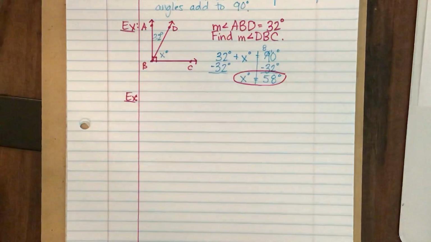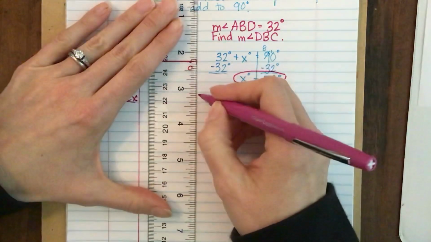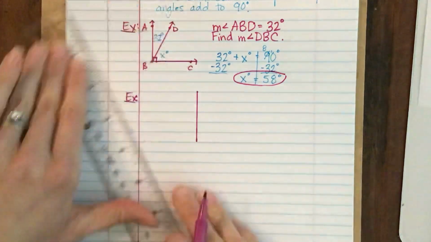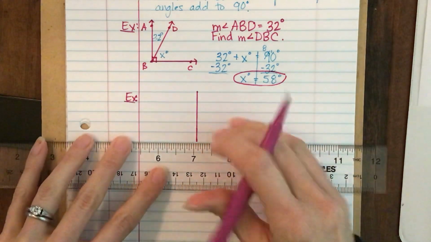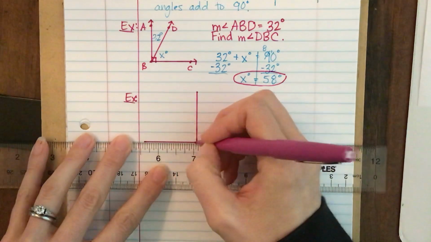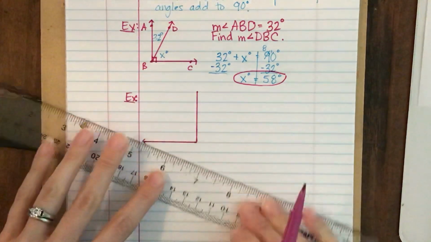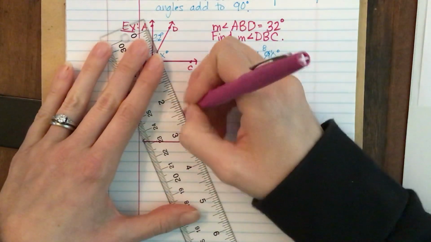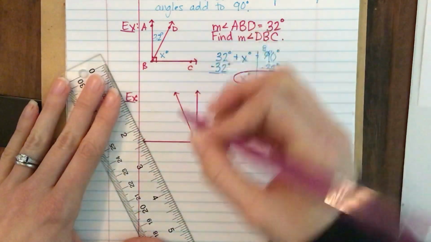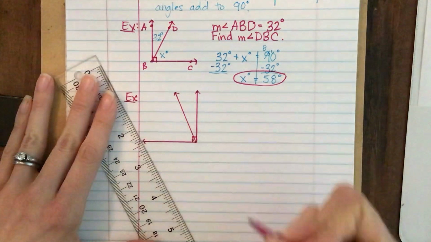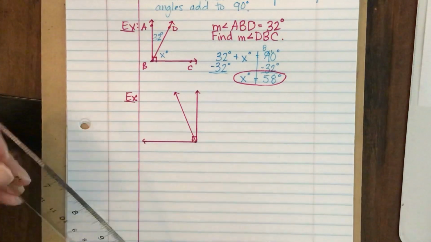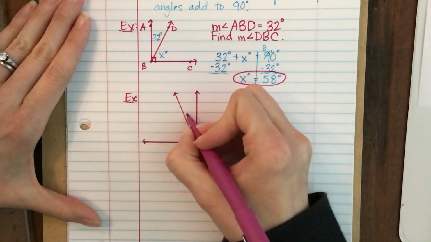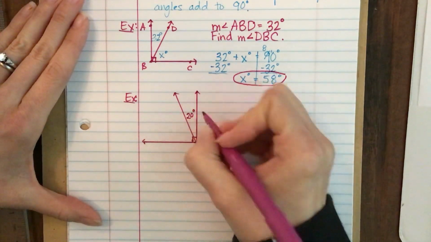I'm going to draw a picture of what we're looking at first. Okay, and we are told that the measure of this angle is 20 degrees.